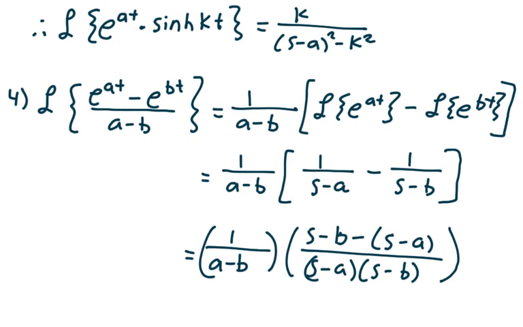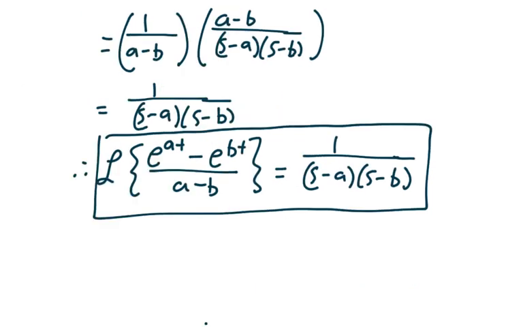So this is 1 over a minus b times 1 over s minus a minus 1 over s minus b. Again, I just go back to formula 2. If I get a common denominator, I get (s minus b) minus (s minus a), all divided by (s minus a) times (s minus b).